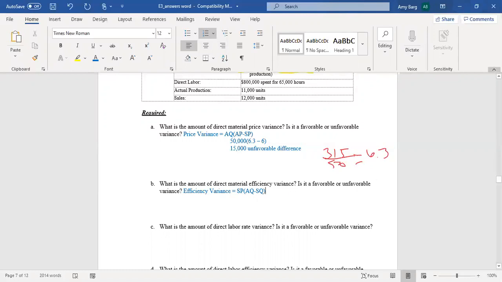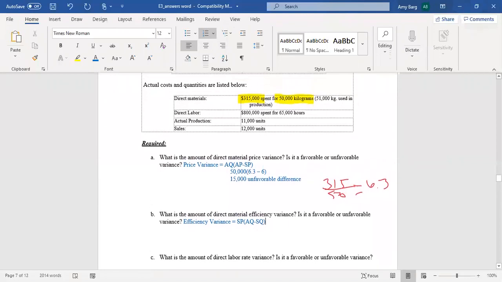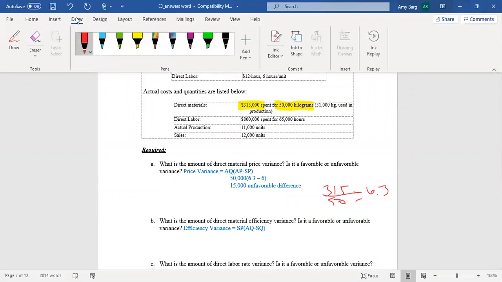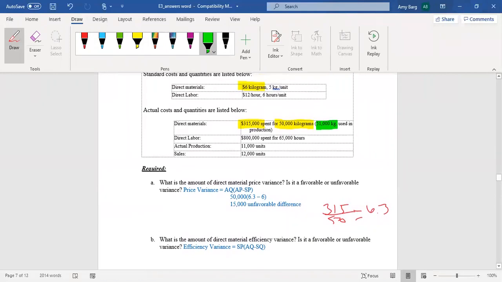And it tells us what all those things are. It tells us that we used 51,000 kilograms in production, and that we're supposed to use 5 kilograms. It also tells us that we produced 11,000 units. The sales number of 12,000 units, we don't care about that.